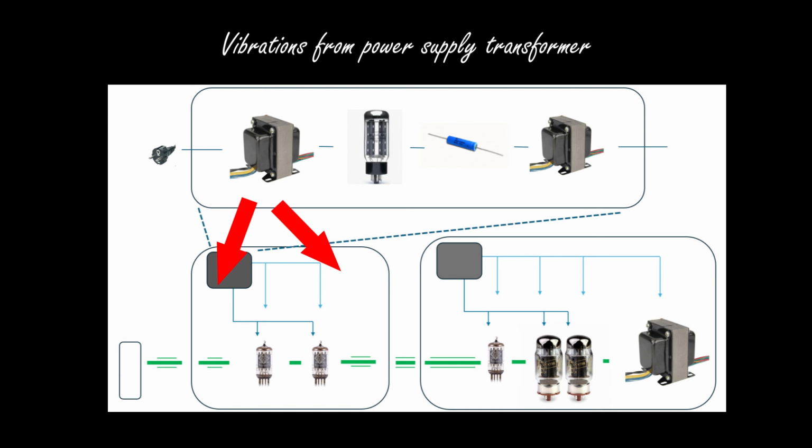But there might be cases when those vibrations could affect the preamplifier tubes, mainly the most microphonic ones, especially the first preamplifier tubes, those which take care of the smaller signals.